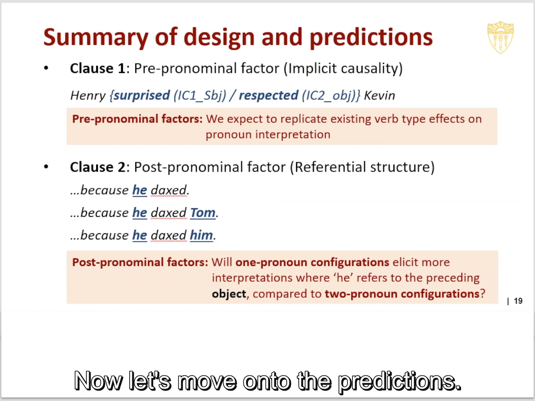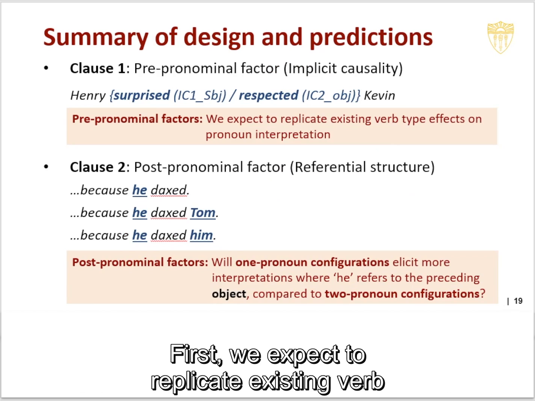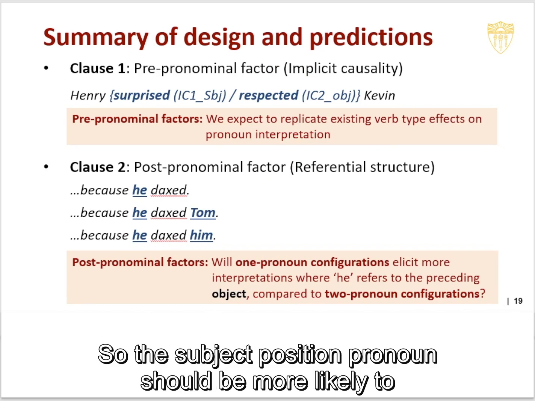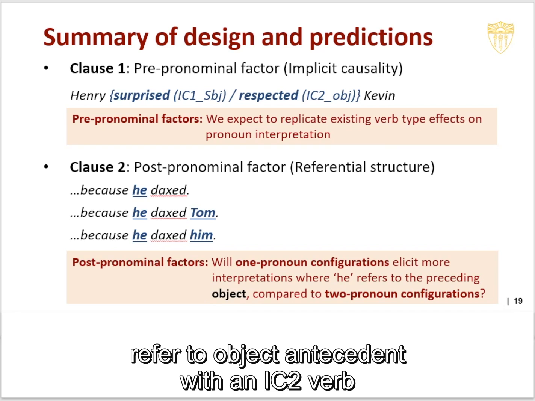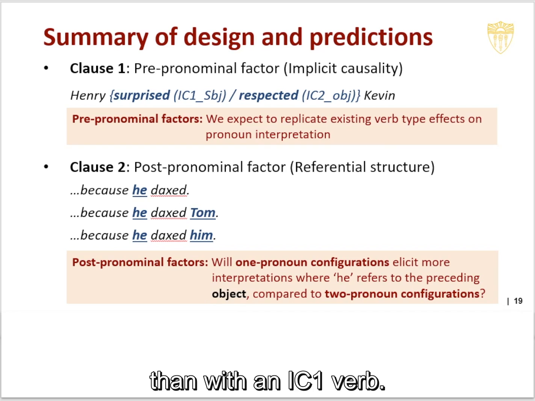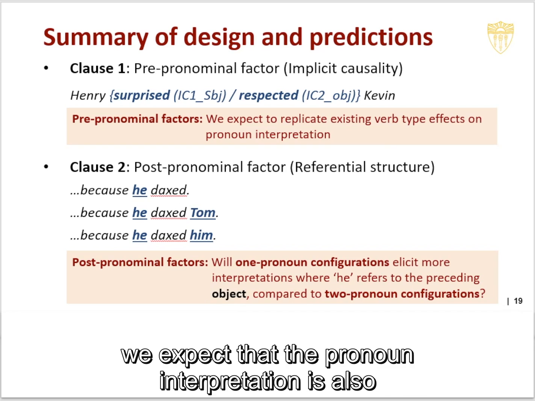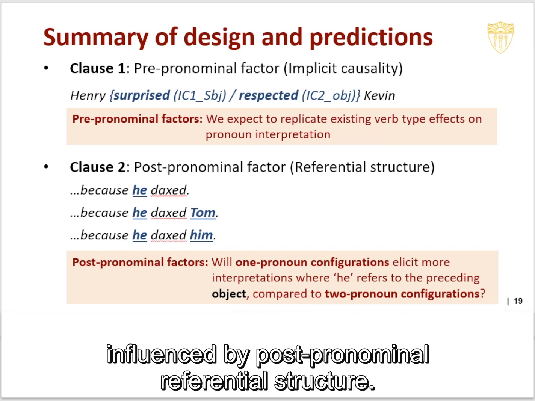Now let's move on to the predictions. First, we expect to replicate existing verb type effects on pronoun interpretation. So the subject position pronoun should be more likely to refer to the object antecedent with an IC2 verb than with an IC1 verb. Second, in addition to expected effects of IC verbs, we expect that the pronoun interpretation is also influenced by post-pronominal referential structure.